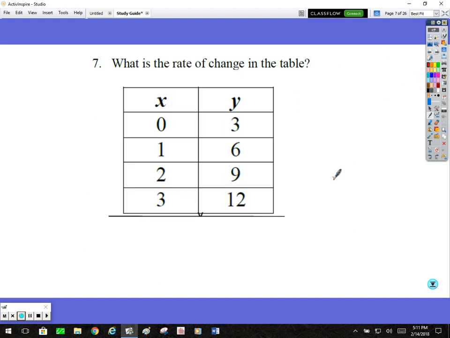All right, let's go to number 7. What's the rate of change? Well, remember, rate of change is nothing but slope. And we determine slope by the change in the y values over the change in the x values, which is the change in y over the change in x, which is rise over run. Well, remember, your x values are your run because that's left and right, and your y values are your rise because it's up and down.